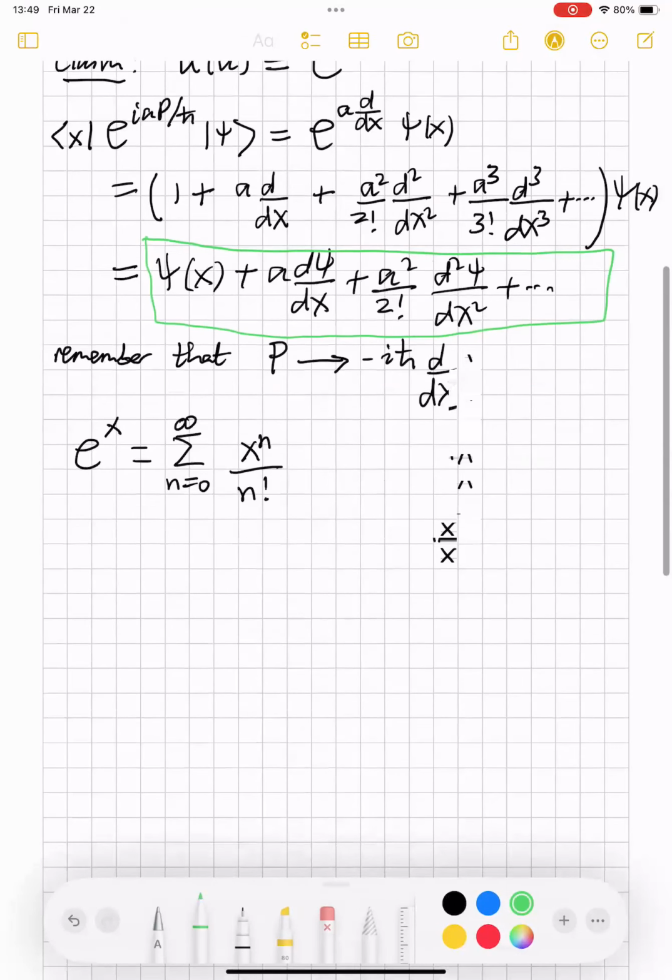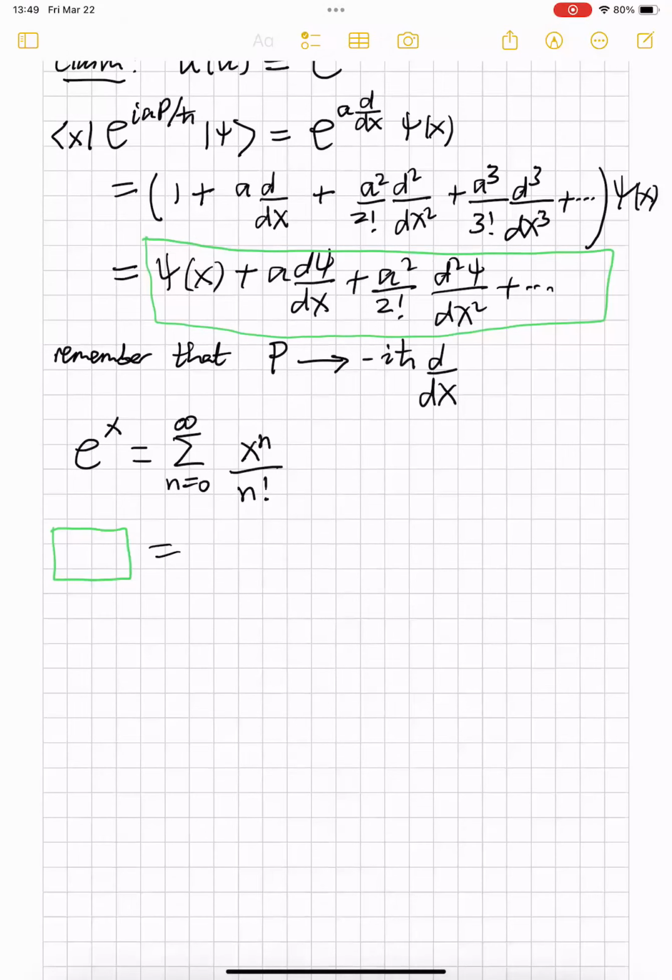Okay, well, this is equal to, so let's say the green box is equal to the infinite order Taylor expansion of psi of x plus a.